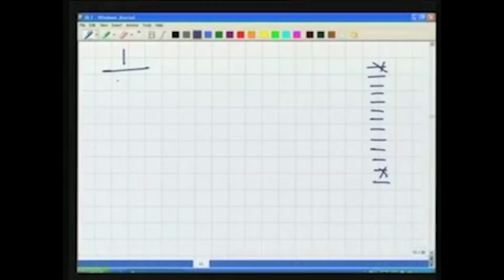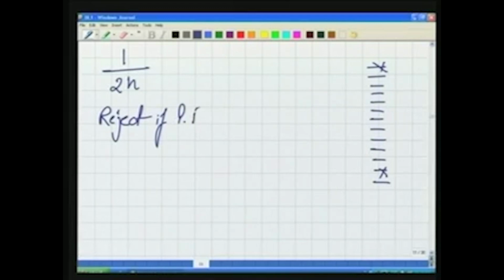How do we say that they are outliers? The rule in this case is: reject an observation provided its probability of occurrence is less than 1 by 2n. I will explain it. It says reject if probability of occurrence is less than 1 by 2n.